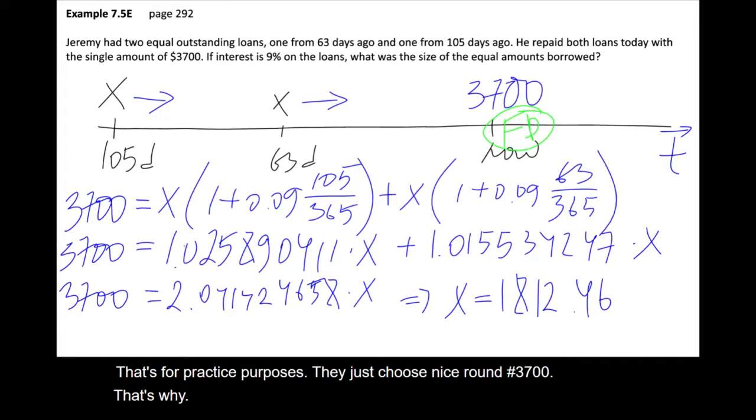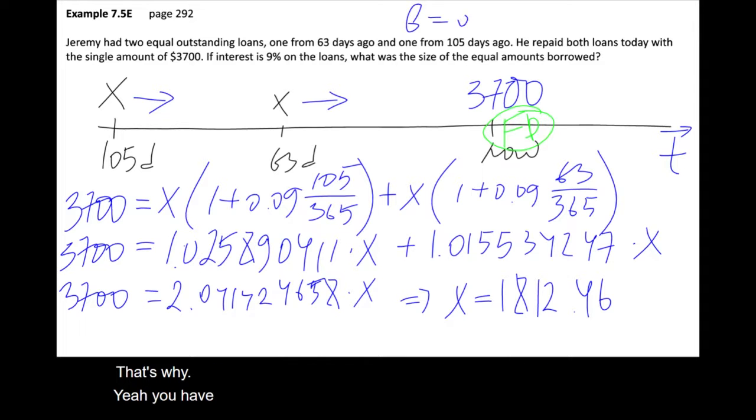Oh, okay, that makes sense. So, sorry, you divided 3,700 by 2.04. Yeah. Right, okay. You have equation B equals AX, so X is B over A, right? Right. Just making sure. Yeah, of course.